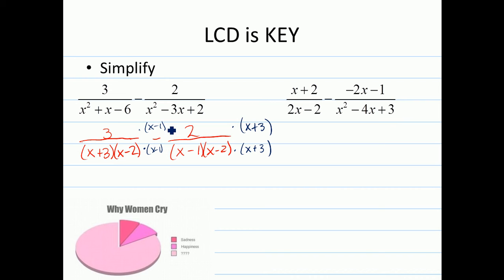Since you're doing that, your new fraction, let me change my pen.